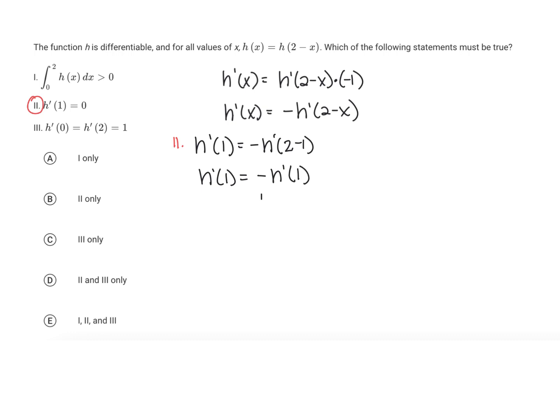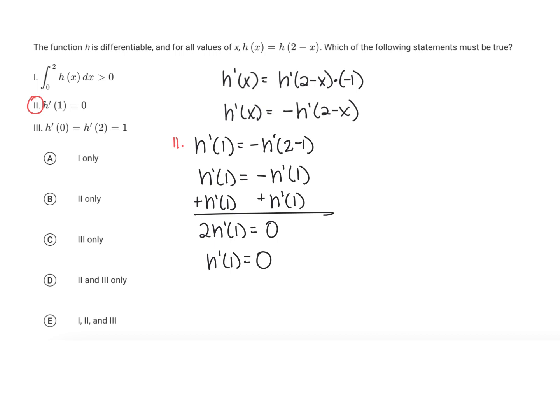If I solve for h prime of 1 by adding that h prime of 1 over, we get 2 h prime of 1 equals 0. And if I finish solving this, h prime of 1, regardless of what this function is, is going to be 0.